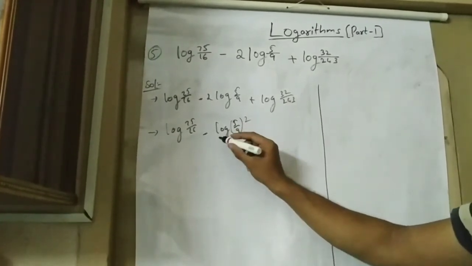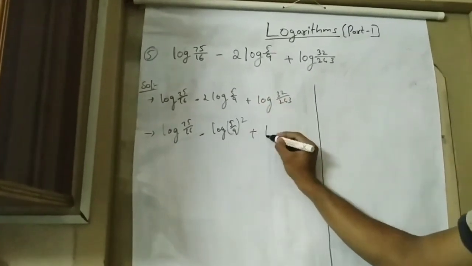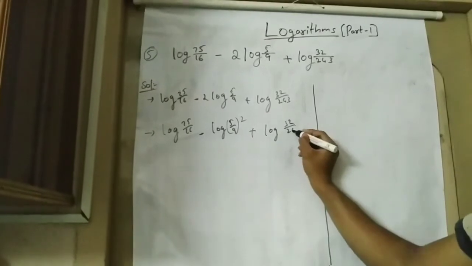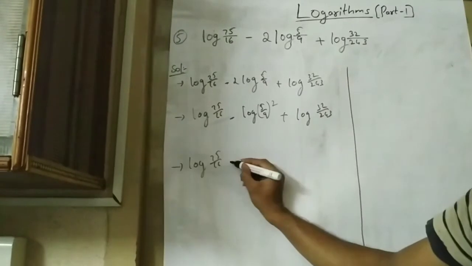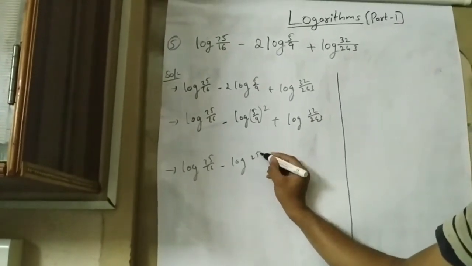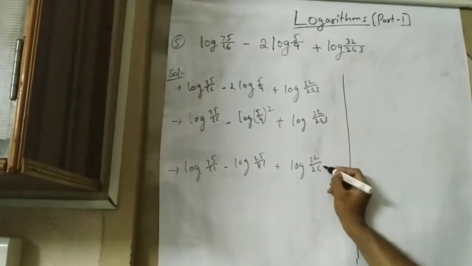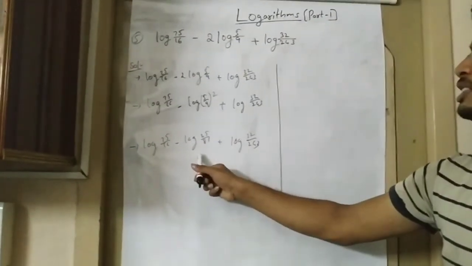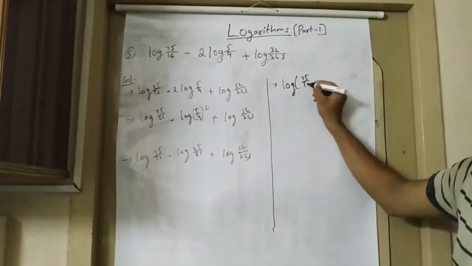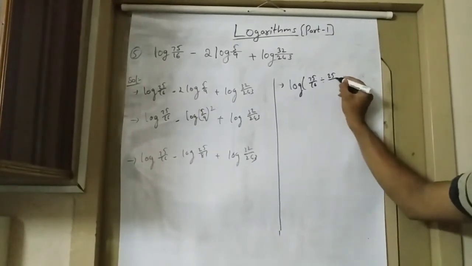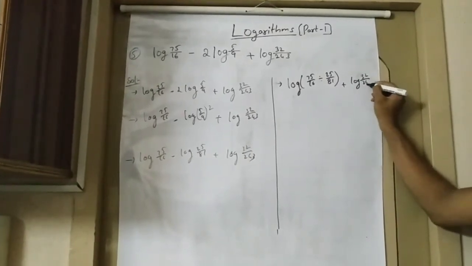So that is equal to log 75 by 16 minus log 25 by 81 plus log 32 by 243. Now we know the formula log a minus log b is log a by b. So log of 75 by 16 divided by 25 by 81, plus log 32 by 243.